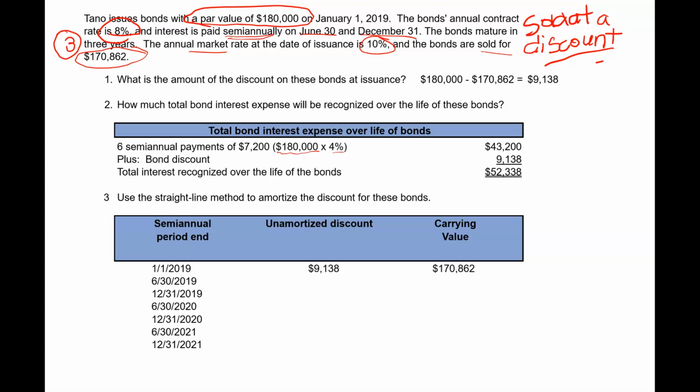And the discounted amount is $9,138. If you add the two together, you will get $180,000, which is the par value.